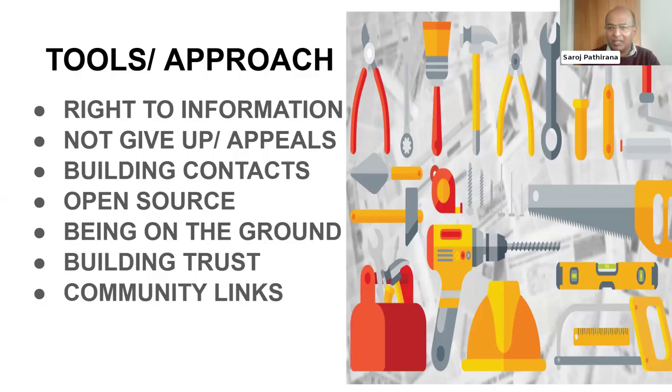You had to first file right to information applications, and the state officials would take a long time to respond. Usually your first response would be rejection, they would not divulge any information at all. Even other government departments were seeking advice from the Attorney General's Department, so none of them were giving out any information.